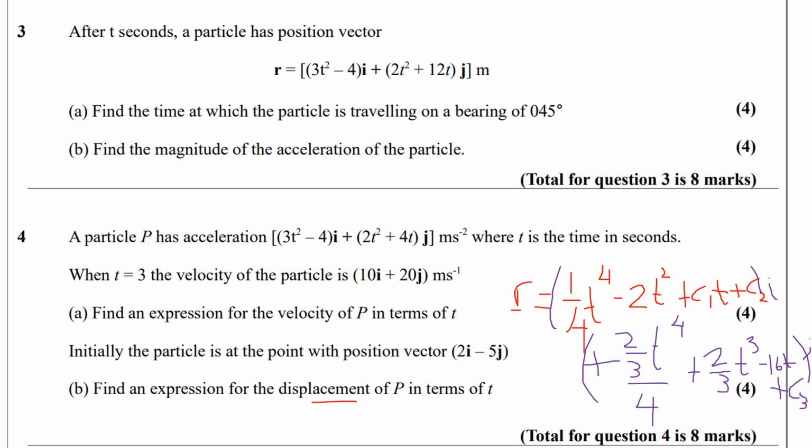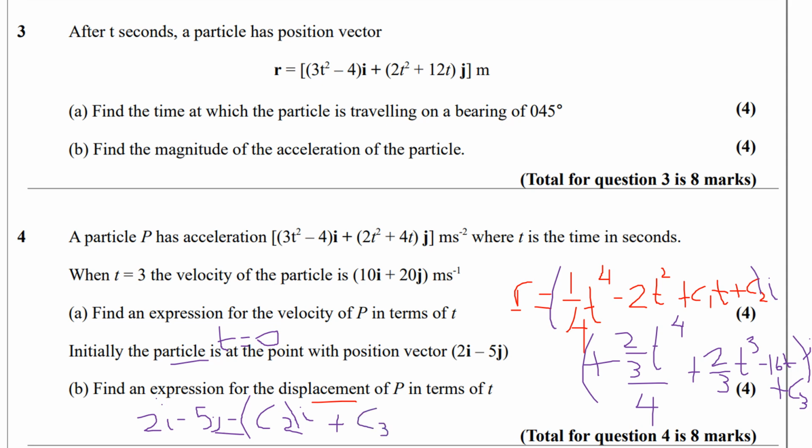So initially means we're going to start with t equals 0. So we've got 2I minus 5j is equal to 0 minus 0 minus 0, so we're going to have c2I, and then this part plus that will be 0, that'll be 0, and now plus c3j.